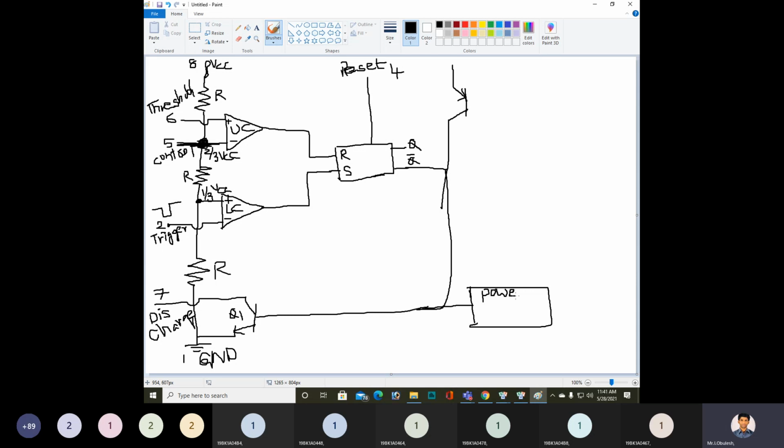Power amplifier or inverter. So here we will get the output. In the pin number 3, we will get the output here. Okay, this is the Q.